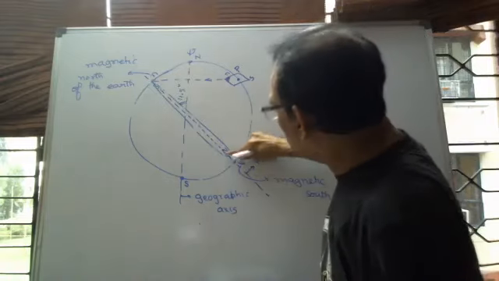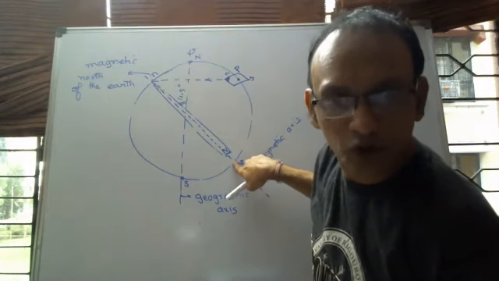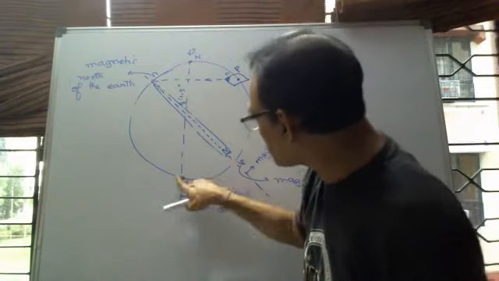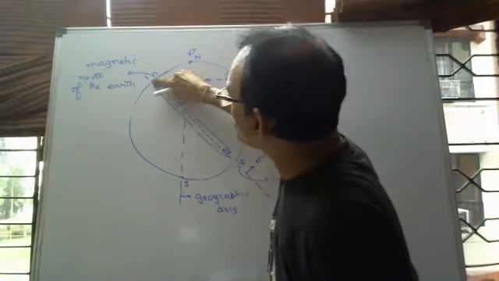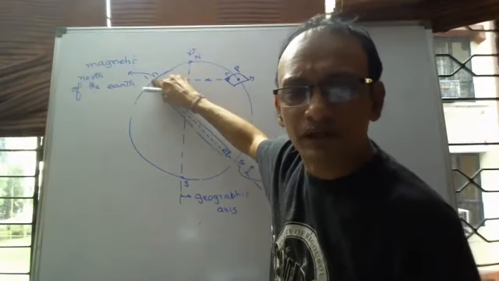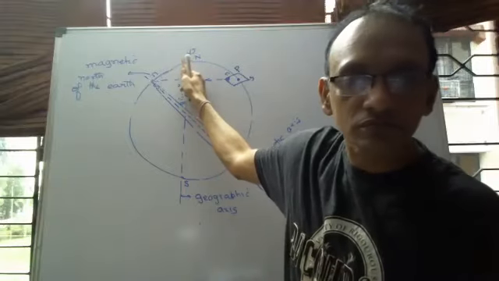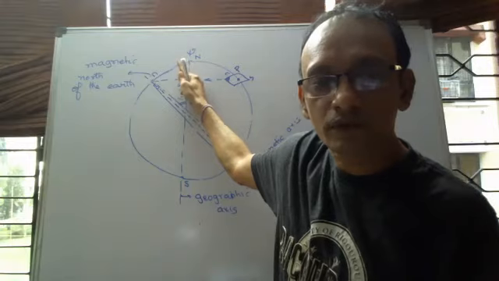Ideally it should have been called the north pole of the magnet, but we call it magnetic south because it's closer to the geographic south, and we call this magnetic north because it's closer to the geographic north. You know what I'm saying?